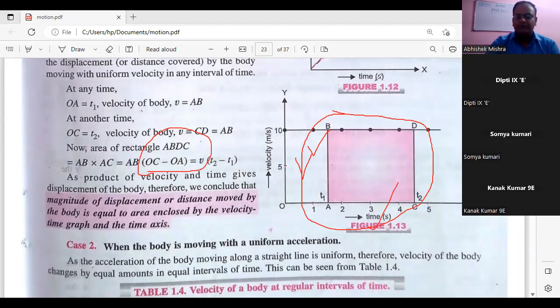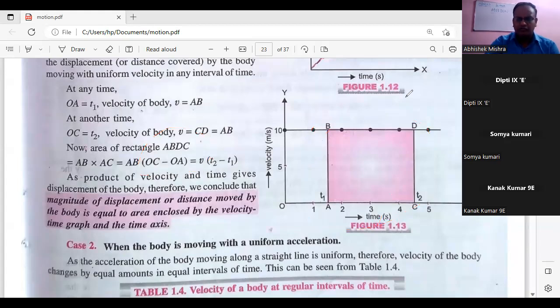Very good. So what will be the magnitude of the displacement? V into the time difference. If you know the value of V, here V is 10, and the times, then T2 minus T1 we can get from here. Now is it clear to all? Dipti, is it clear now? Yes, sir. Okay, fine.